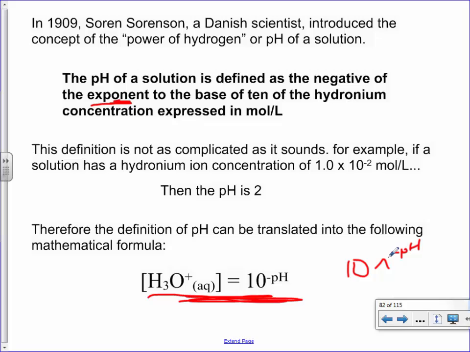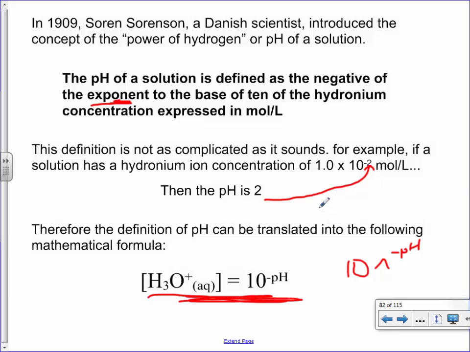Let me give you the example I have written here first. Let's say your hydronium concentration was 1.0 times 10 to the minus 2. They decided then to say that the pH of this was 2. The reason why is that the power up here, the exponent, was 2. Does that make sense?